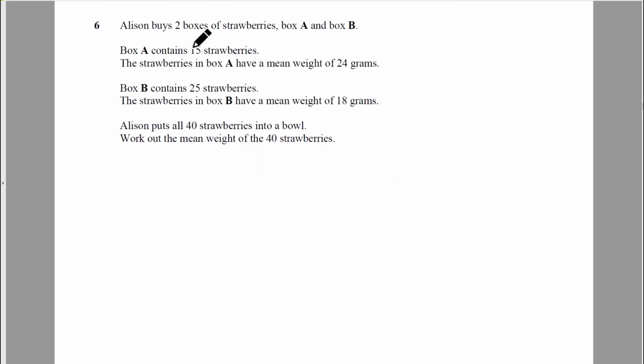Question 6. 2 boxes of strawberry, box A and box B. This has 15 as a mean weight of 24. That's got 25 and 18.